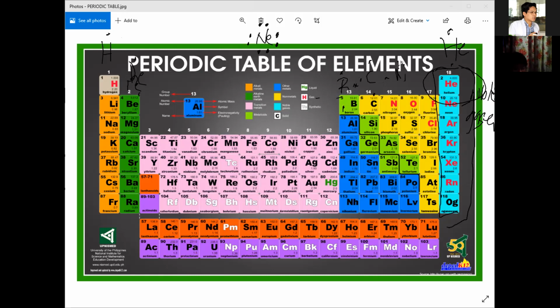Nitrogen has five valence electrons. Oxygen has six. Fluorine has seven. And again, the noble gases have eight valence electrons. This is actually the outside shell.